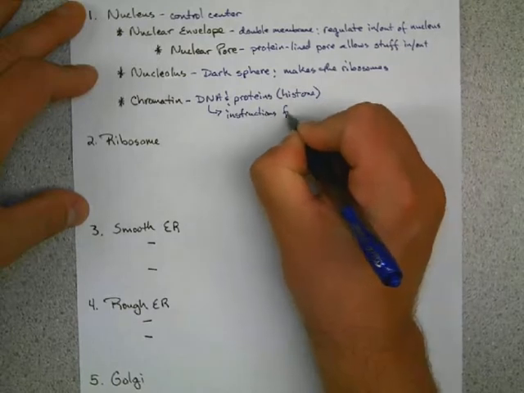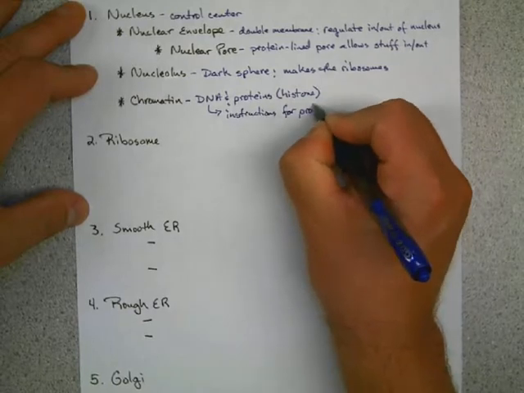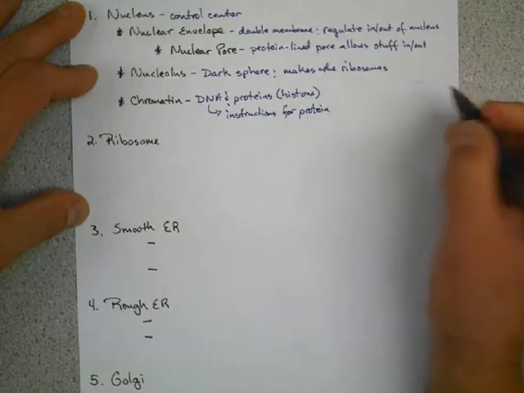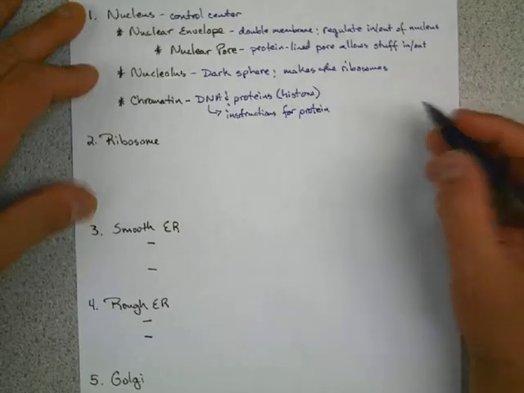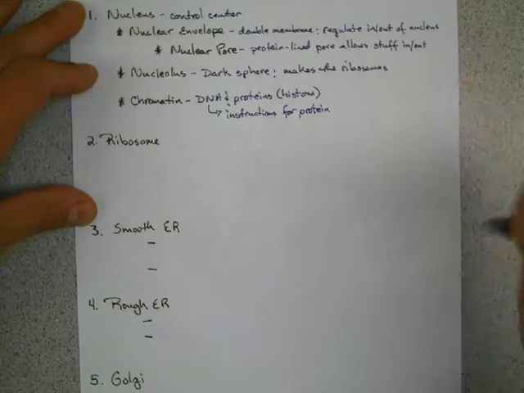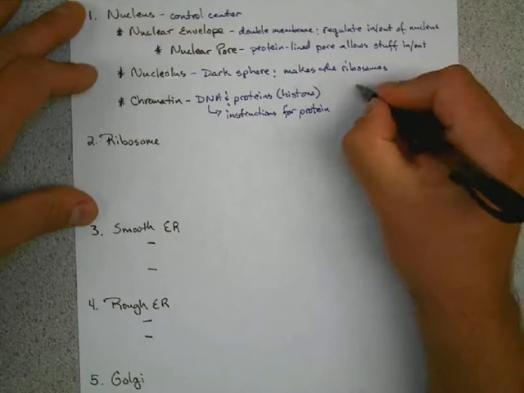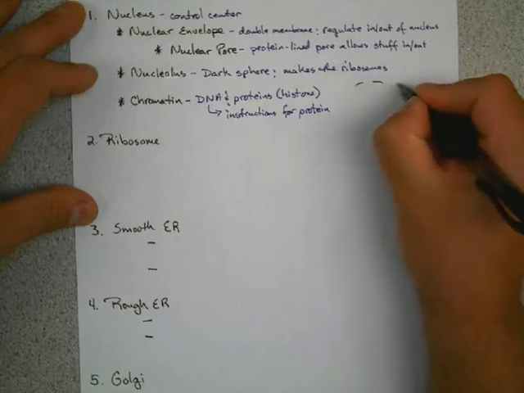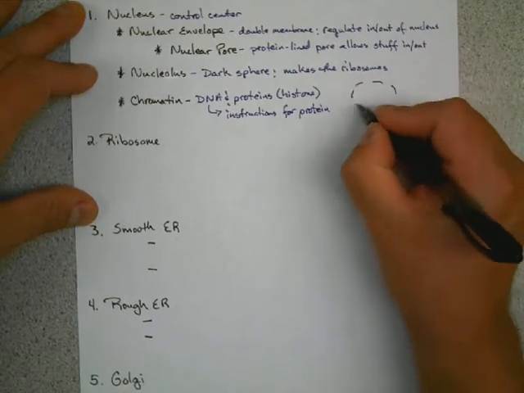All right, so let's draw ourselves a little picture. And what we're going to have here first is we're going to draw an outline of the nuclear envelope. And I'm leaving spaces for the nuclear pores. Now the nuclear envelope is a double membrane. So all these are going to be double.